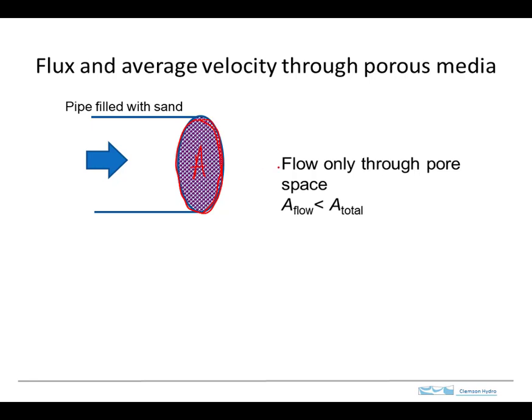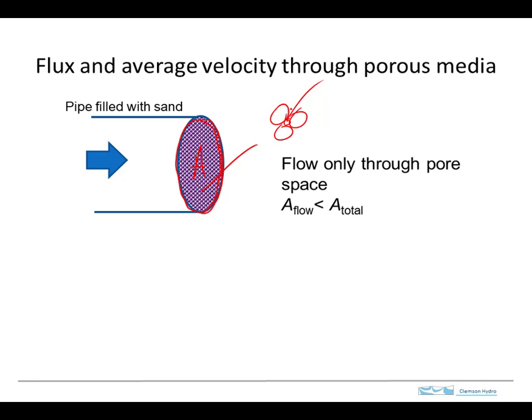And we would have an area that would allow the flow. And if we were to zoom in on this, right in here, we would have some pores. And the area that would allow flow would be down in there, the area between the pores.